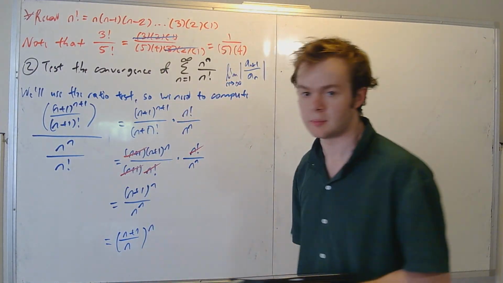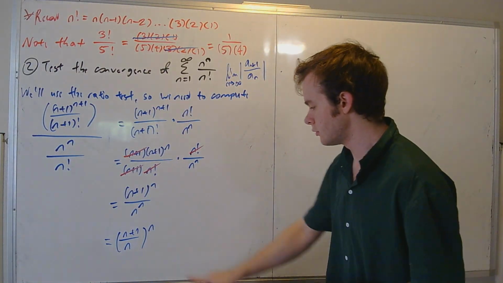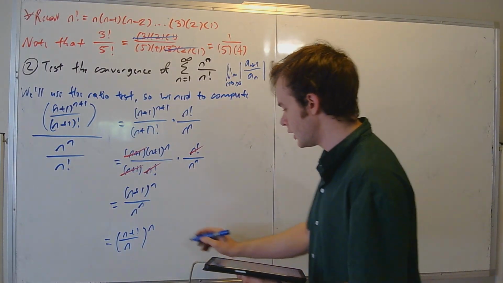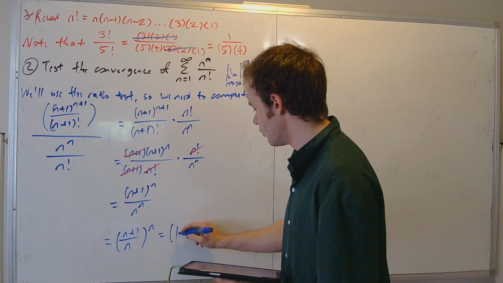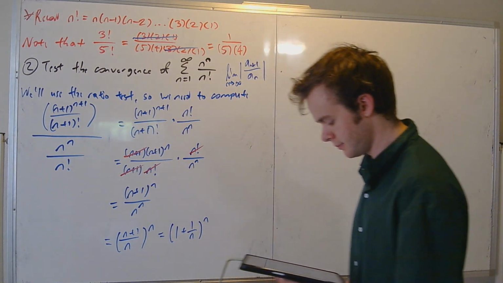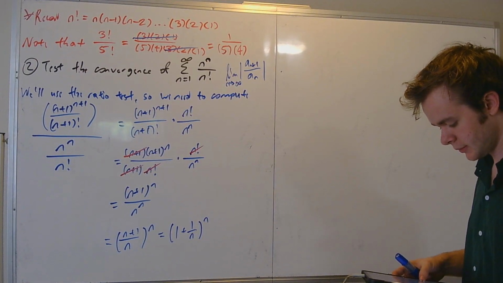Because they both have the same exponent, so we can do this. And now we can go ahead and rewrite this if we wanted to as (1 plus 1 over n) to the power of n.